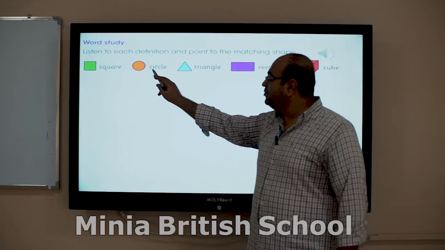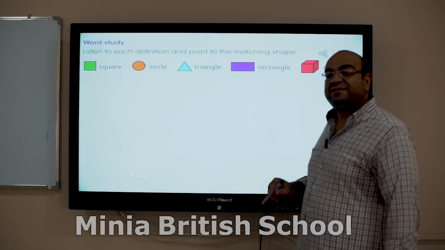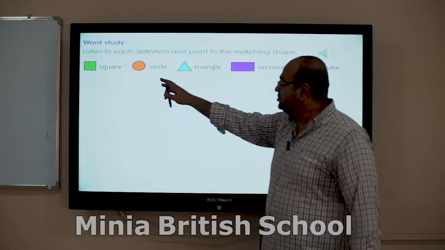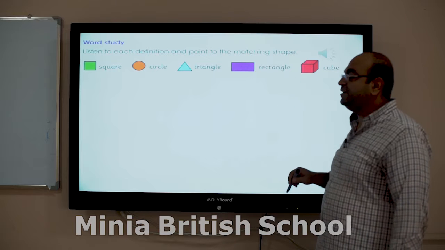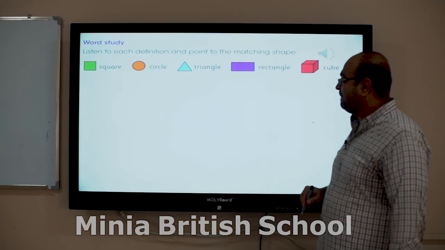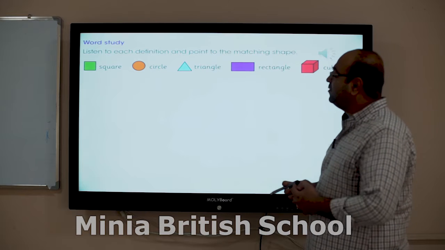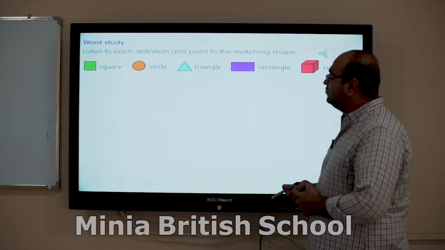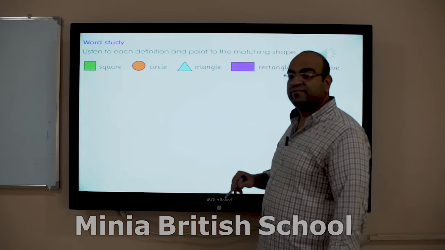We will get to know these shapes. Listen and identify which shape they are talking about. Track 28. 1. This shape has 3 straight sides and 3 corners. 2.